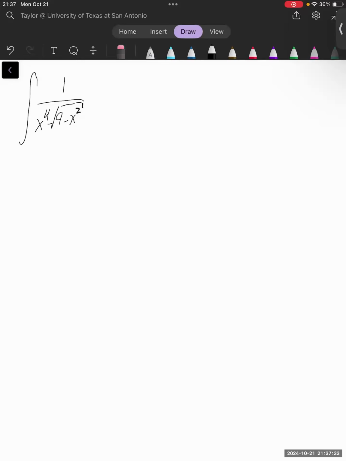Alrighty, so the next example we've got here is the integral of 1 over x to the 4th square root of 9 minus x squared. So similar to the last example, we have our function presented in the form of the root of a squared minus x squared, where in this case a equals 3.